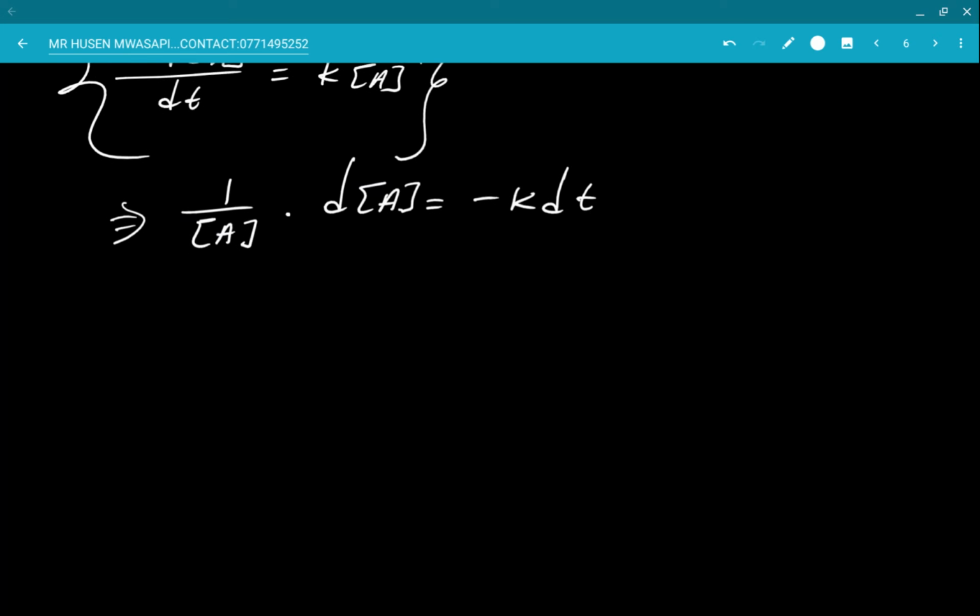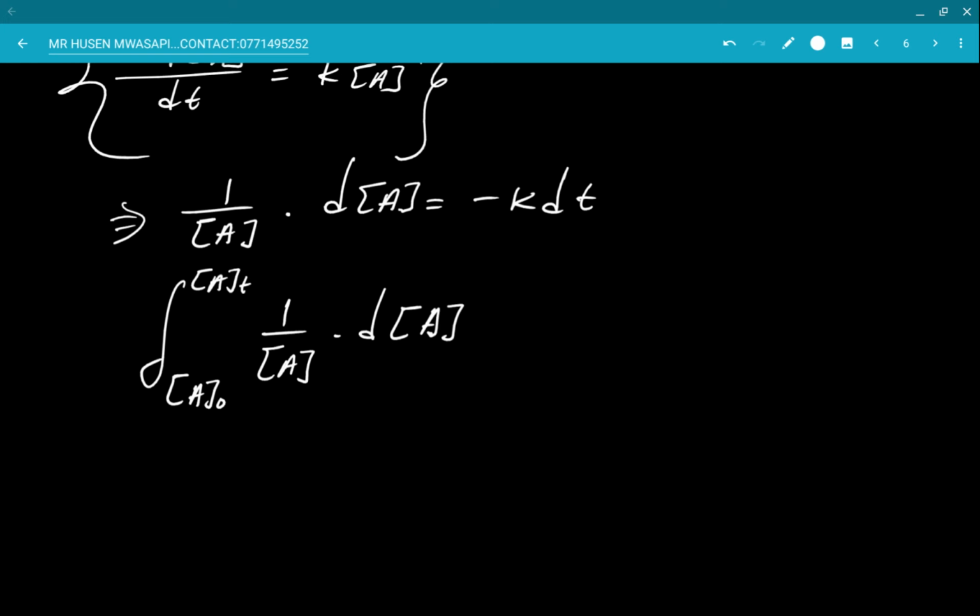Now, upon having this, what we can do is integrate the left and the right. So integrate the left from A0 to At, 1 over concentration A times d[A]. Then you also integrate the right-hand side from 0 to t of minus k dt.